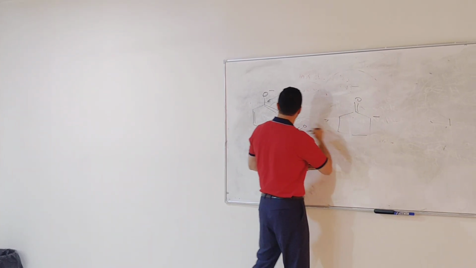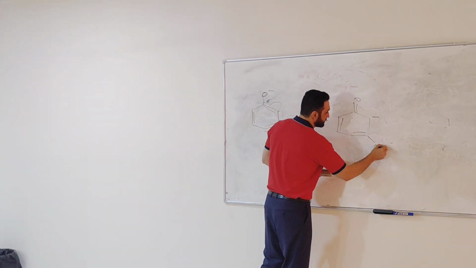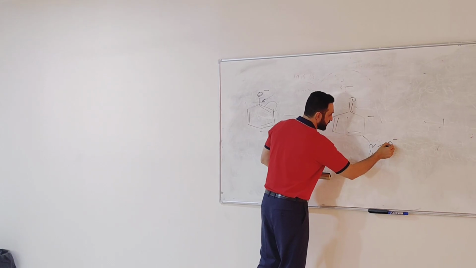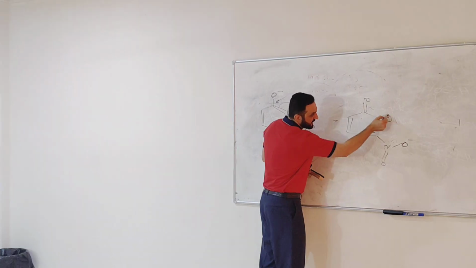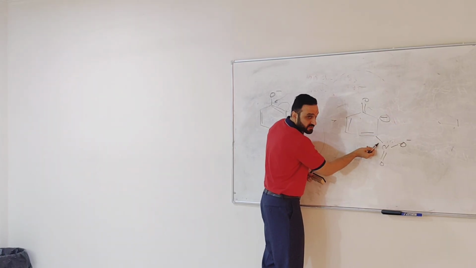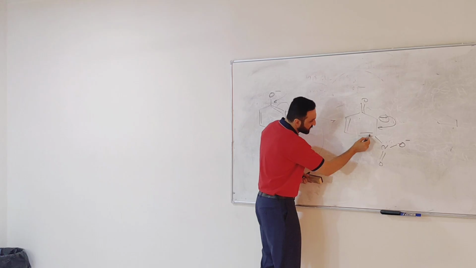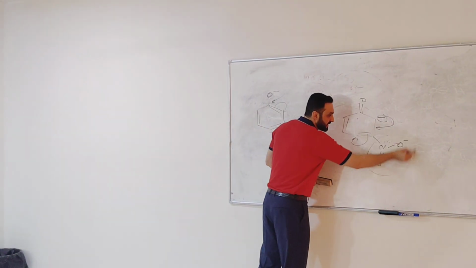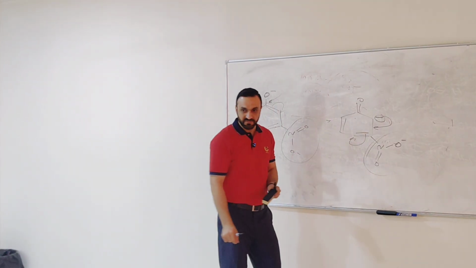Now, can I make a pi bond here with this negative charge? No, it is impossible. So the nitro group cannot enter into the resonance structure.